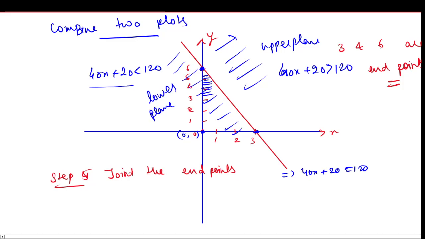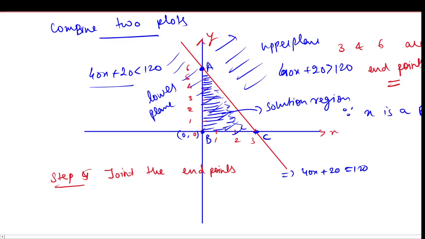So our solution region will be, because we are restricted to only integers, therefore the solution set will be bounded by A, B, C. So this is the solution region because x is a positive integer.